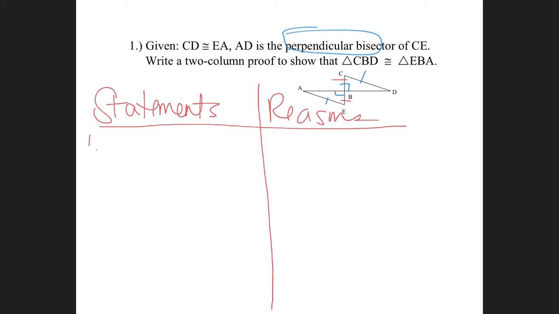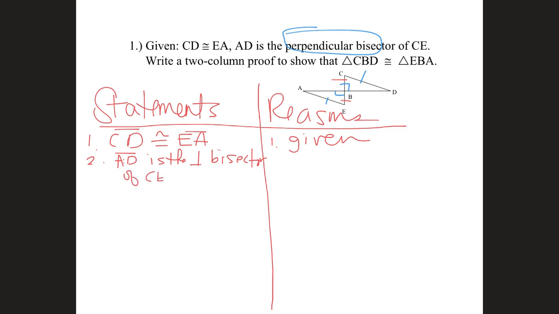So we know that CD is congruent to EA, and that is given. And we know that AD is the perpendicular bisector of CE. And that is given.